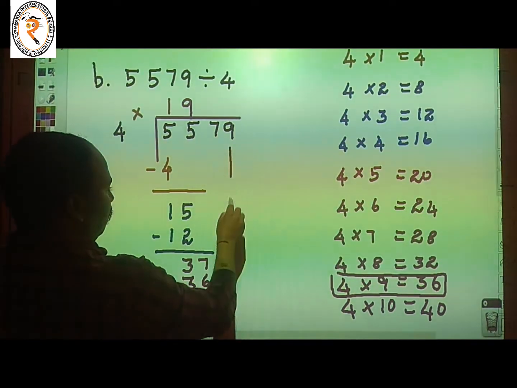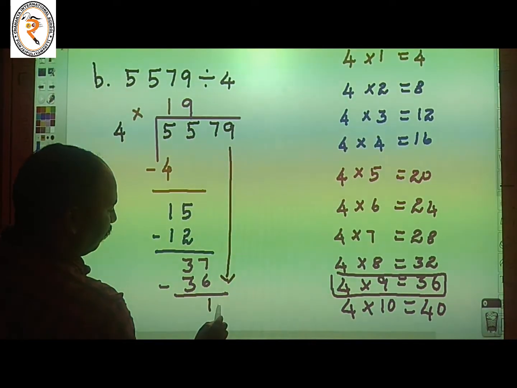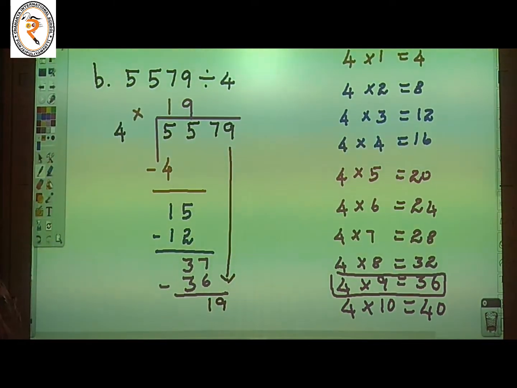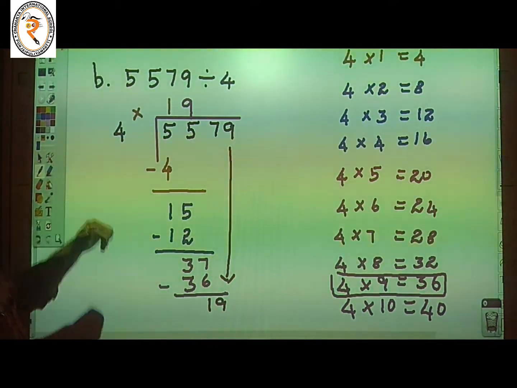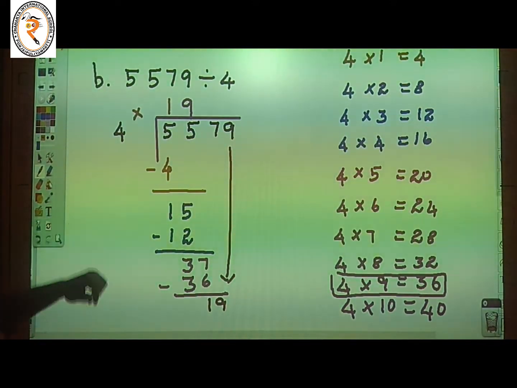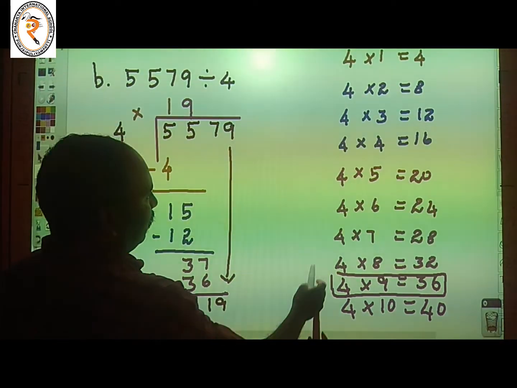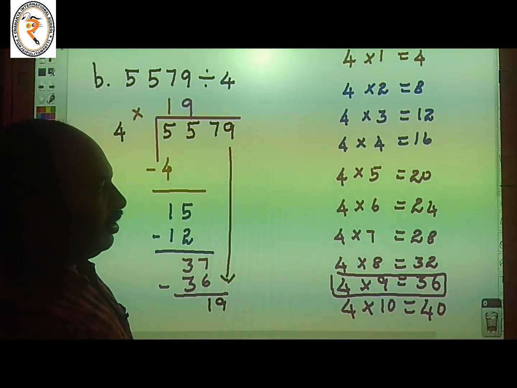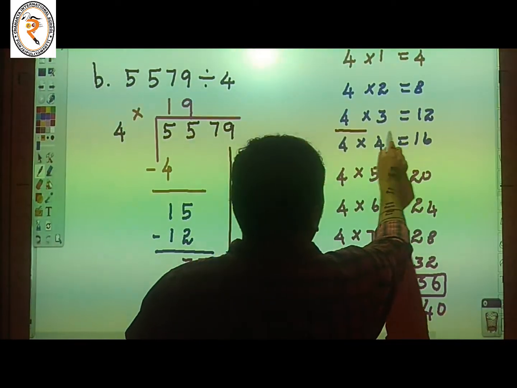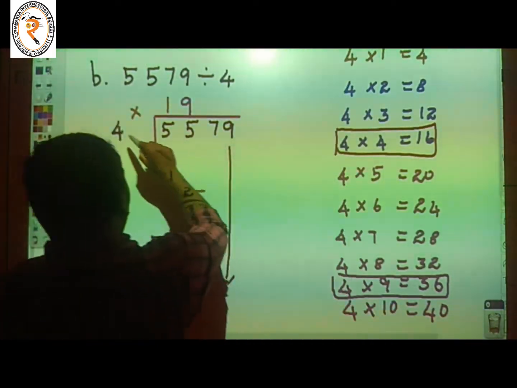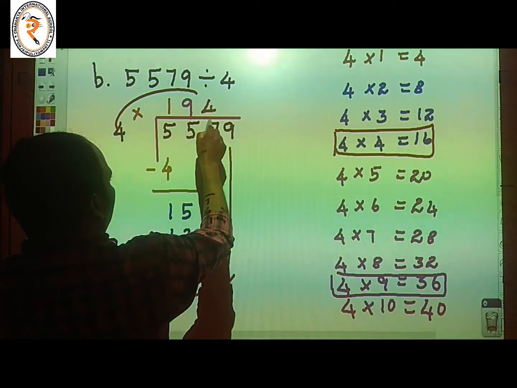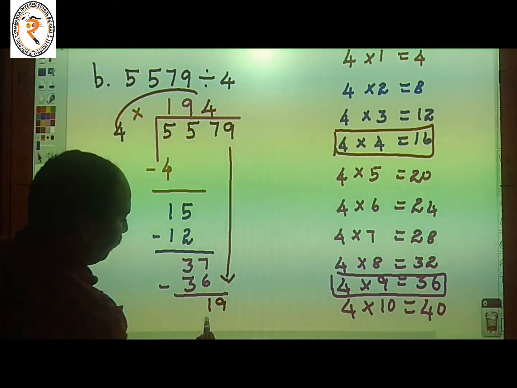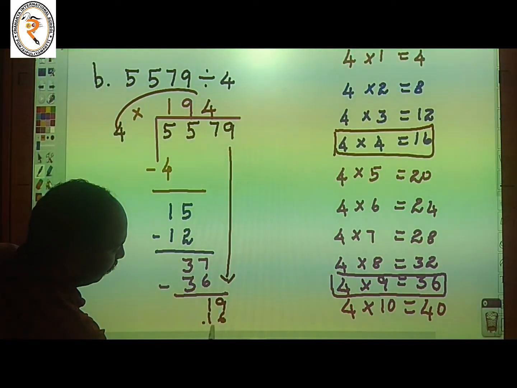Next one. Bring down the number 9. 19 divided by 4. Listen here. 4 5s are 20, which is larger than 19. We want a number less than 19. So 4 4s are 16. 4 into 4 is equal to 16.